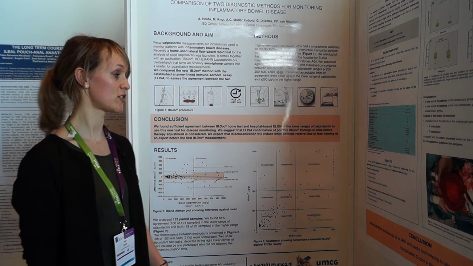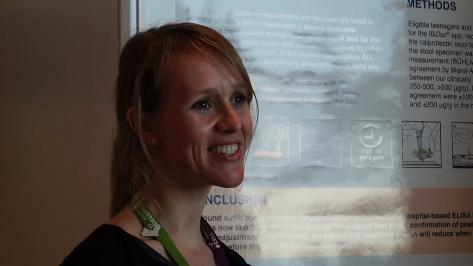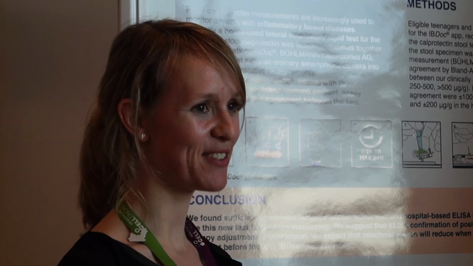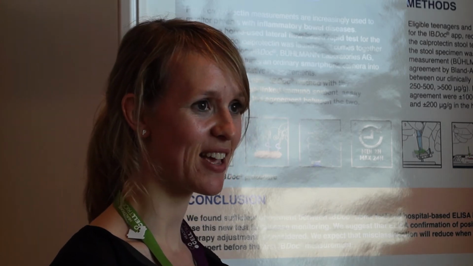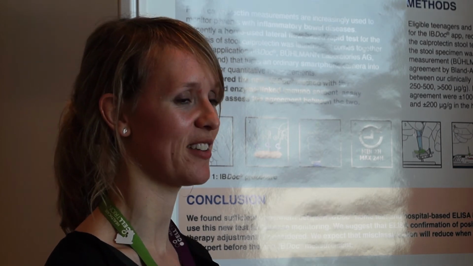The results are presented over here. The first results are presented in a Bland-Altman plot. The Bland-Altman plot presents on the x-axis the mean value of both measurements and on the y-axis the difference between the two measurements. Before the start of the study we reasoned that differences in the lower calprotectin range have a bigger impact compared to differences in the higher calprotectin range.